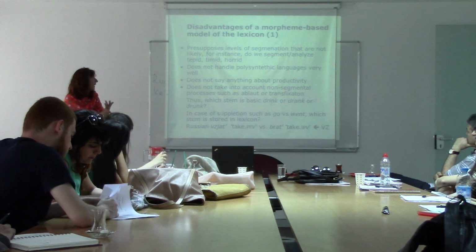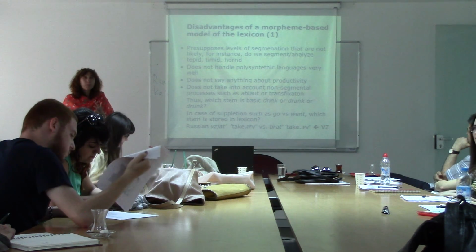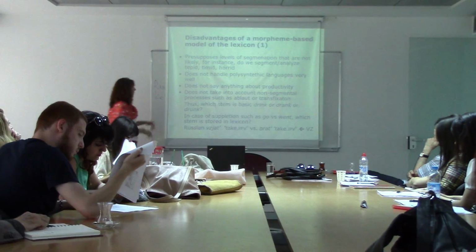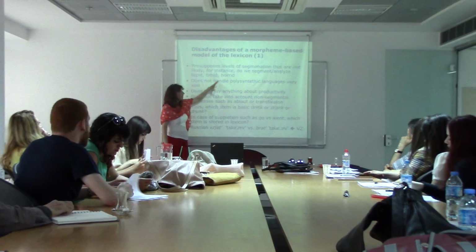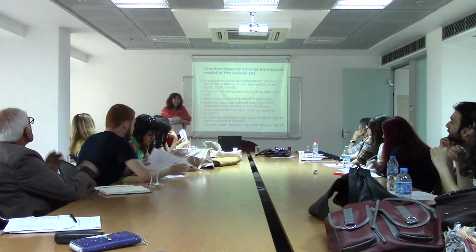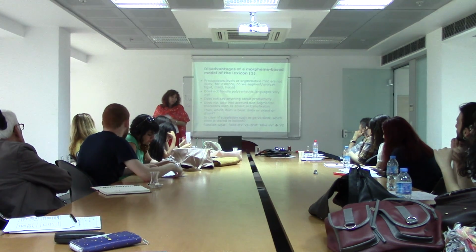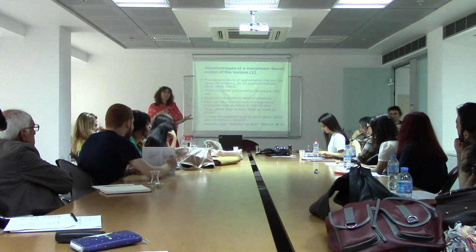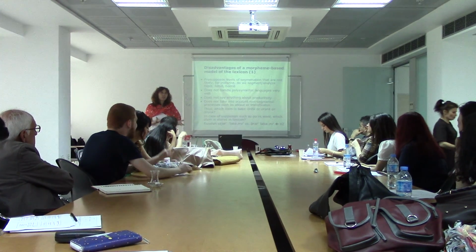But what speaks against it is what I said, that it presupposes segmentation when there is no segmentation. So it will segment words like topic, image, and foreign. It doesn't handle polysynthetic languages at all. It doesn't say anything about what is productive, what is not productive.